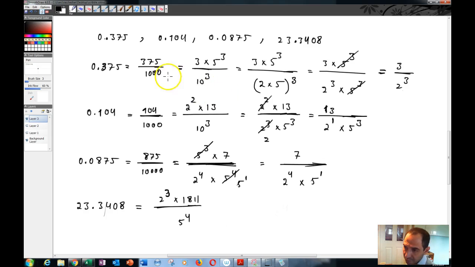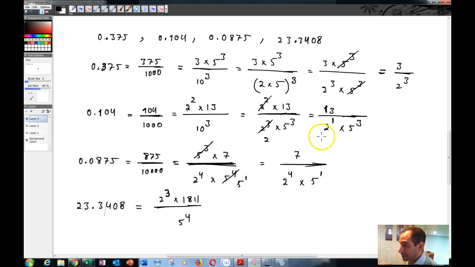So some multiple of 10 is going to be, for example, 10 cubed, or 10 raised to the power 4, and so on. And 10 in and of itself is nothing but 2 times 5. So the only thing that you can expect to have in the denominator is either a 2 or a 5 or both of them.